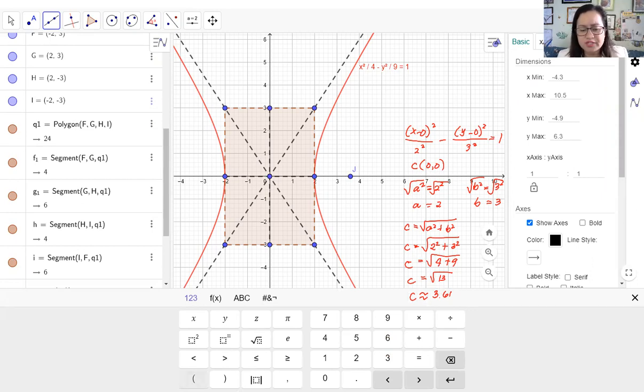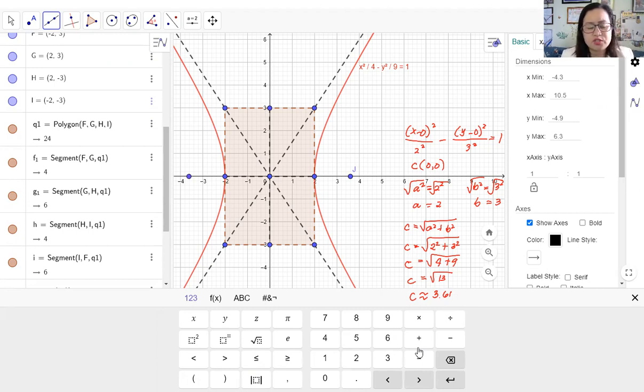Now for the focus at the left of the center, we will subtract 3.61 from the abscissa, so 0 minus 3.61 will give you negative 3.61.